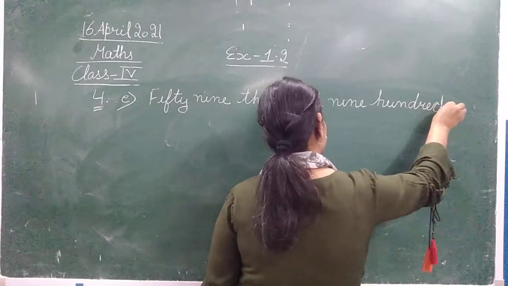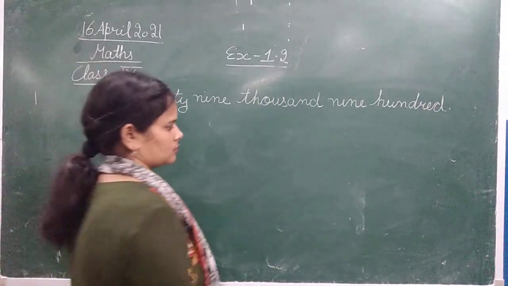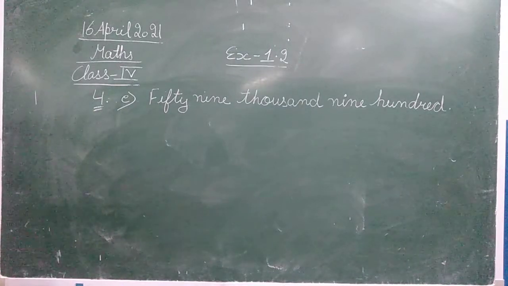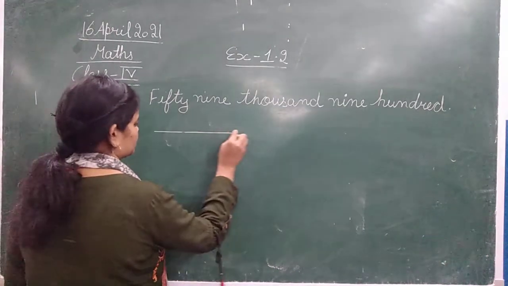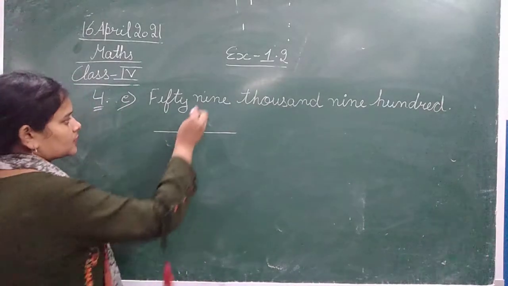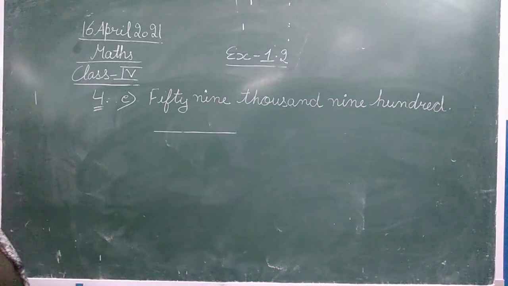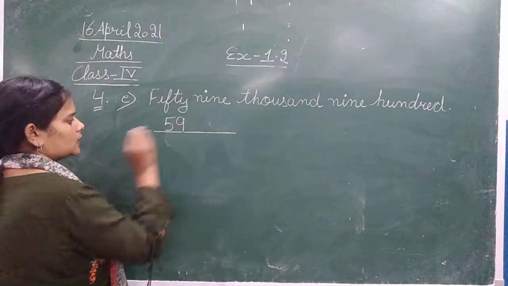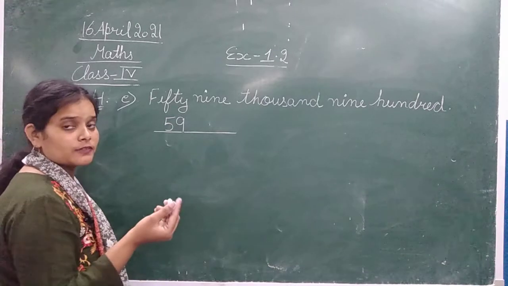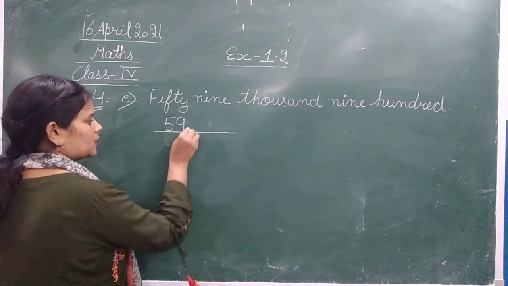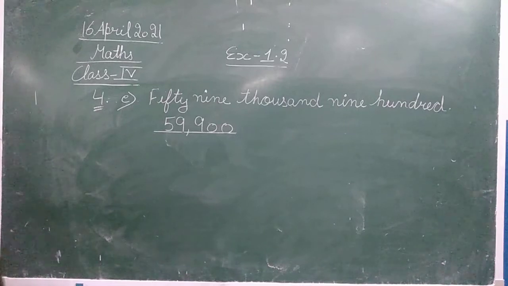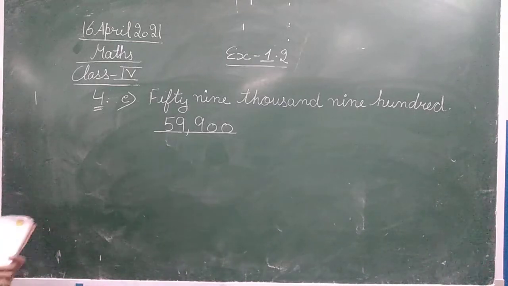So 59,000, then the 900. Nothing is at tens and ones place, so there we will put the 0. That is 59,900. Okay. Chalo.